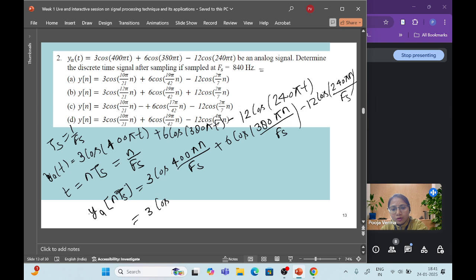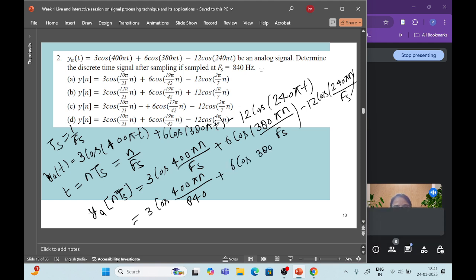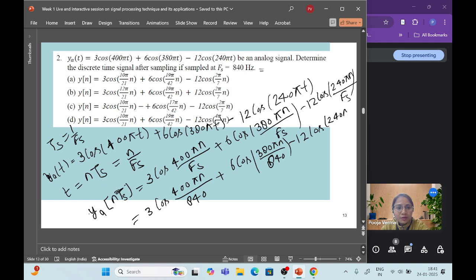So 3 cos 400 pi n divided by 840 plus 6 cos 380 pi n divided by 840 hertz minus 12 cos 240 pi n divided by 840 hertz.